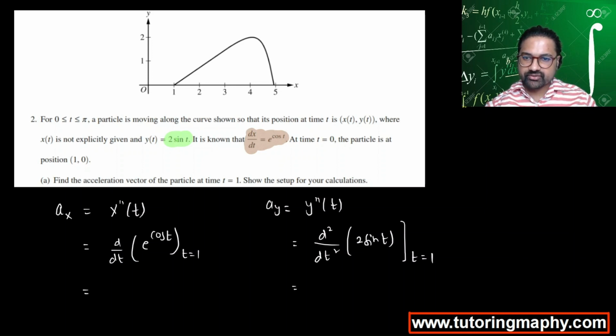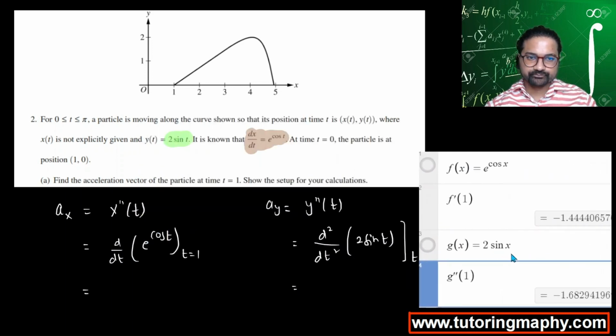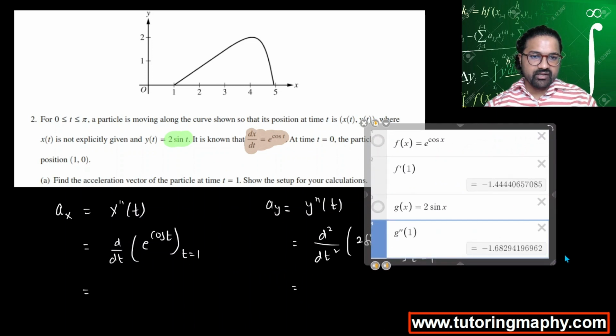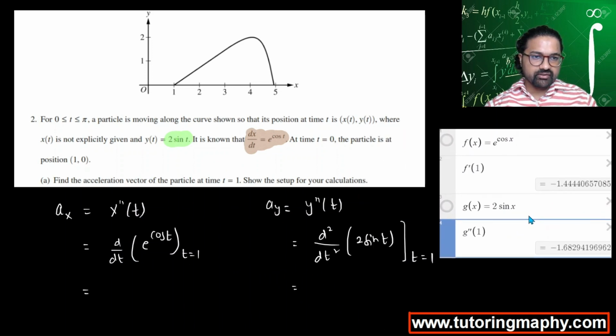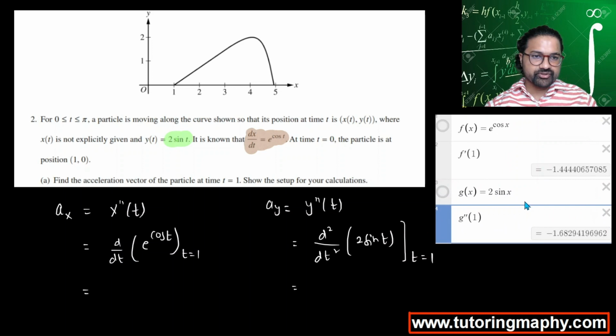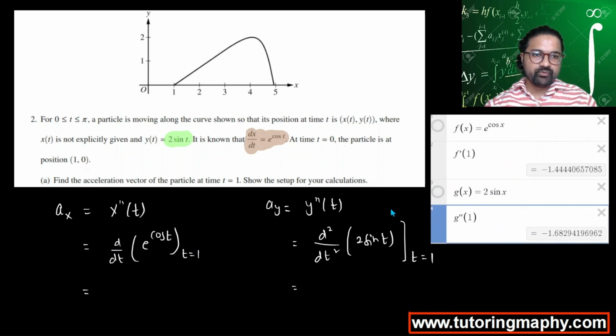Let me just take a screenshot and pull that right in front of the board so that you can also see. Okay, so this is what I did. What we needed was the first derivative of e raised to cos t at t equal to 1. So this is e raised to cos.